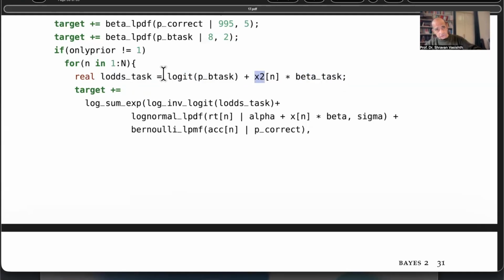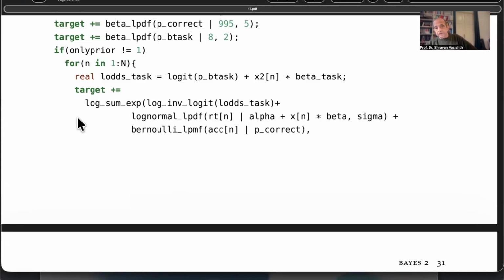And because we are passing it through the logit function, everything is in log odds space here, and we are saving that as the log odds task as a function of these two parameters, and instructions.